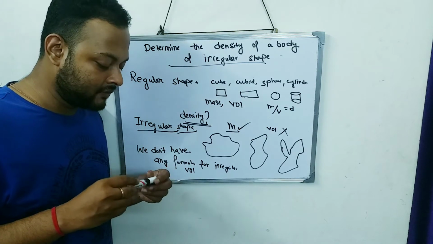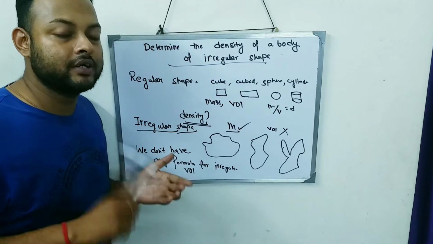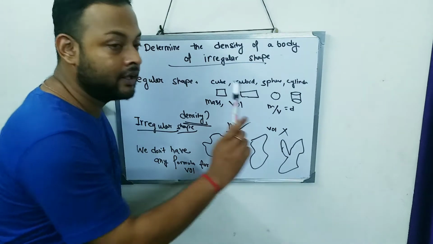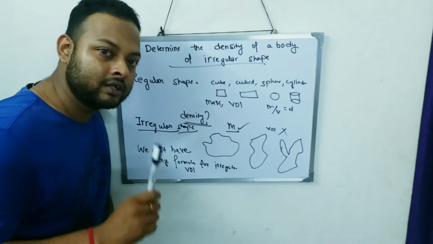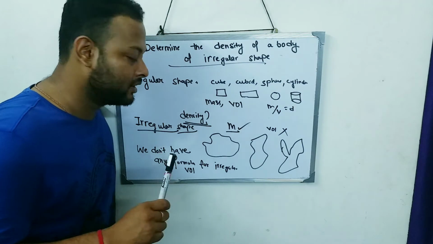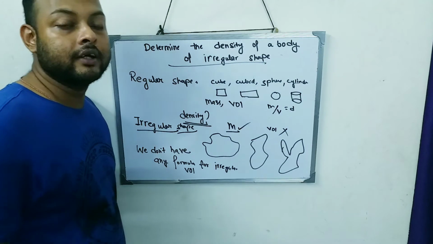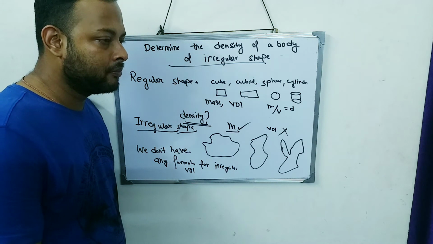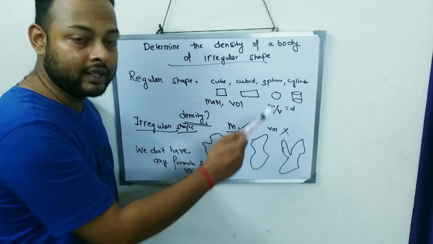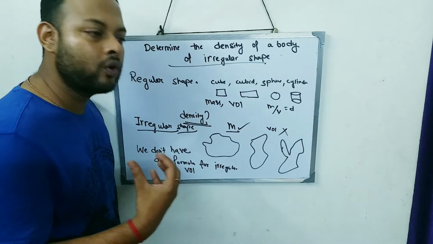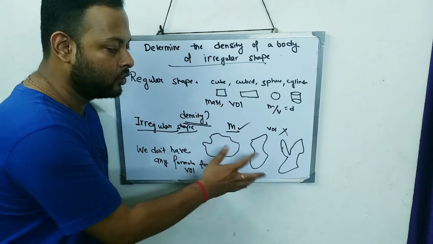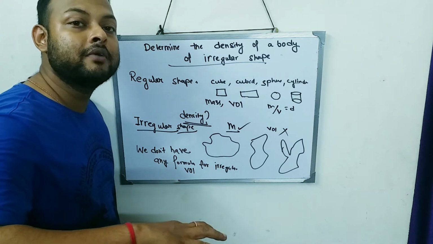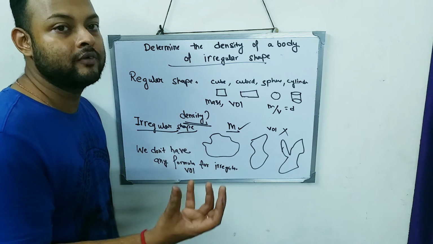The answer is very simple. Yes, we can find the density even when the shapes are irregular. Then the question comes: okay, but sir, we don't have a formula to find the volume. We don't have a formula, but we can find the volume by some other, different ways.